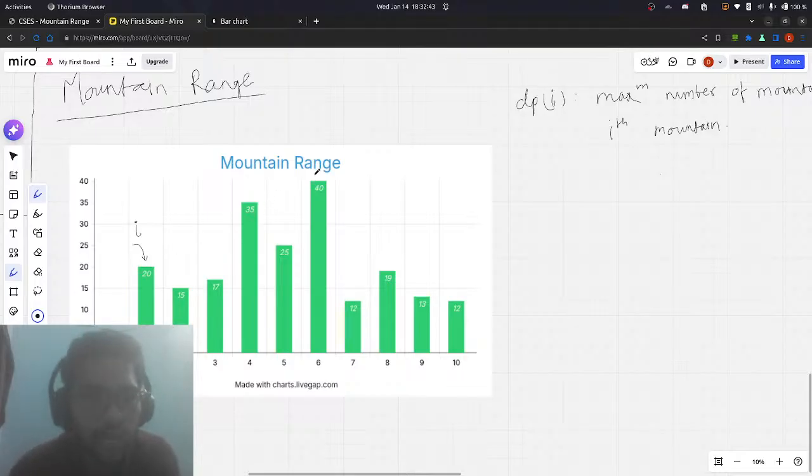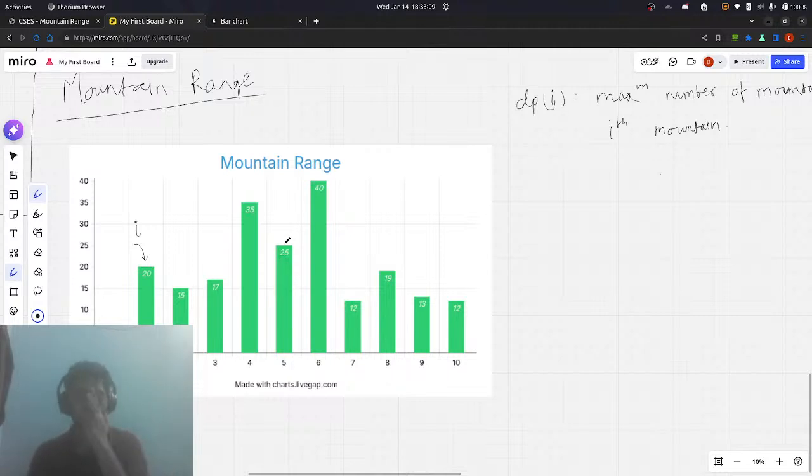So we can start from 40. We can check all these. And again, if we start from 35, we can go to all these, and we can go here, but we cannot go here, so we will not be checking these. Similar to that, for 25, we cannot go here, we cannot go here. So the only mountain you can visit is 25 only, so it will be 1.